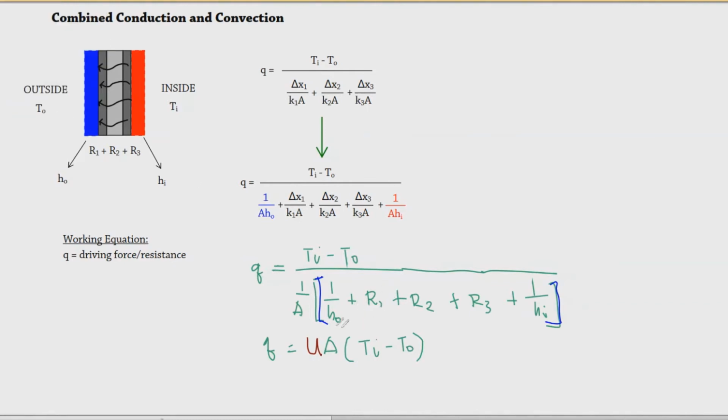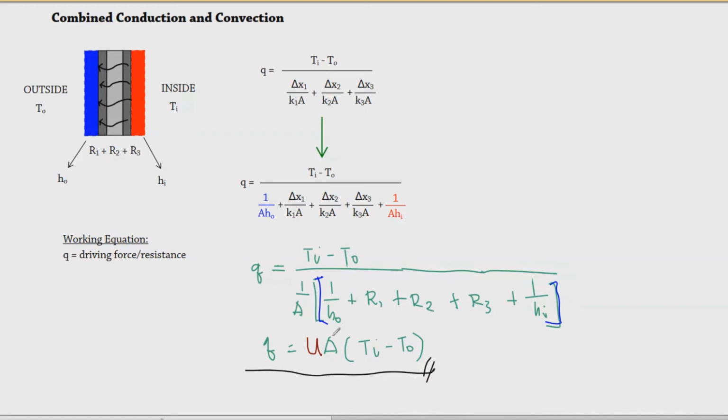This overall heat transfer coefficient is equivalent to the reciprocal of this: 1 over HO plus 1 over R1 plus 1 over R2 plus R3 plus 1 over HI, all its reciprocal. So this is another way of representing our general formula for the slabs.